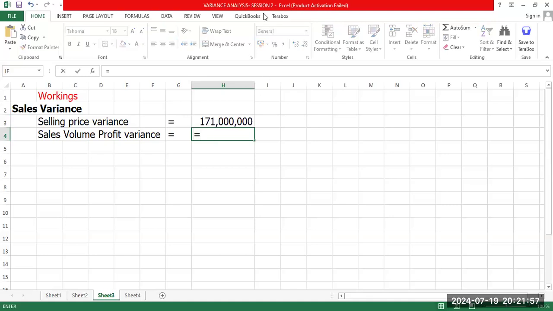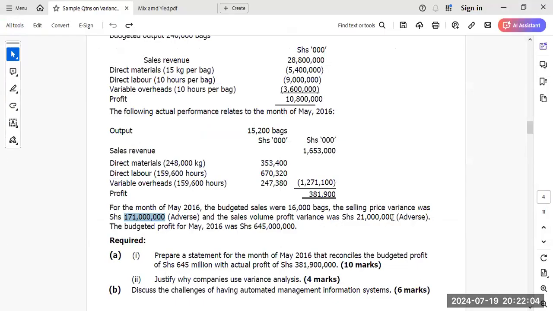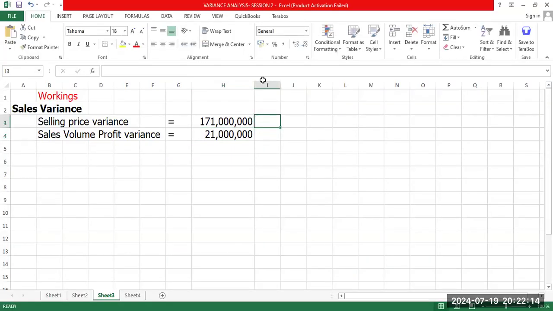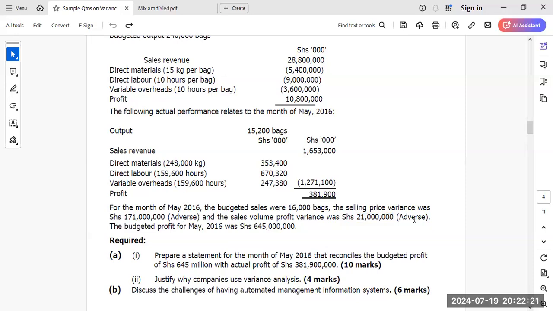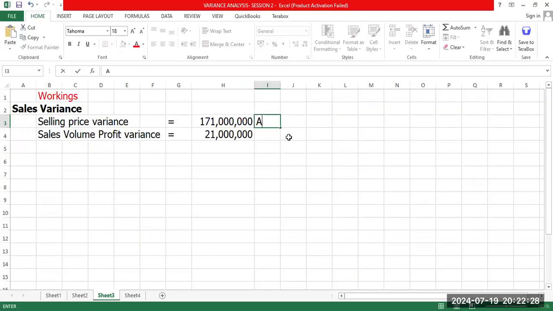Then the next one is this one. Which one is adverse? Which one is favorable? This is adverse, and this is also adverse.